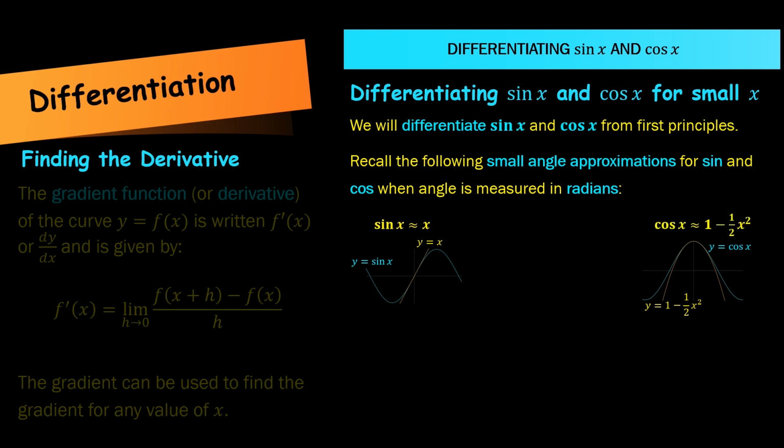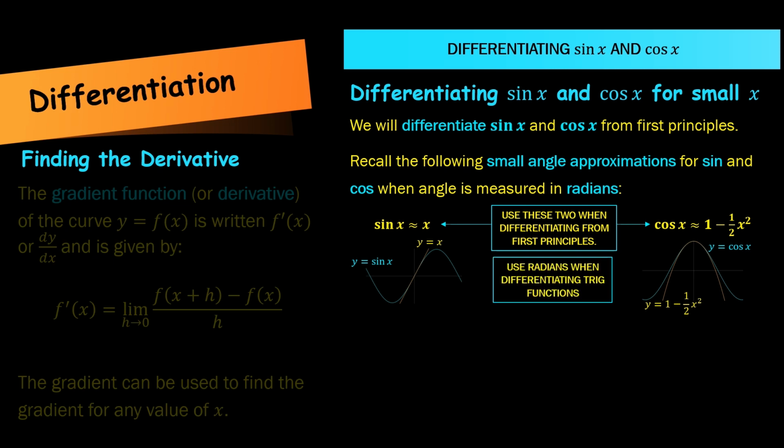As you can see, close to 0, cos x is approximately equal to 1 minus a half x squared. We will use these two approximations when differentiating from first principles. Remember also that we will be using radians when differentiating trig functions.